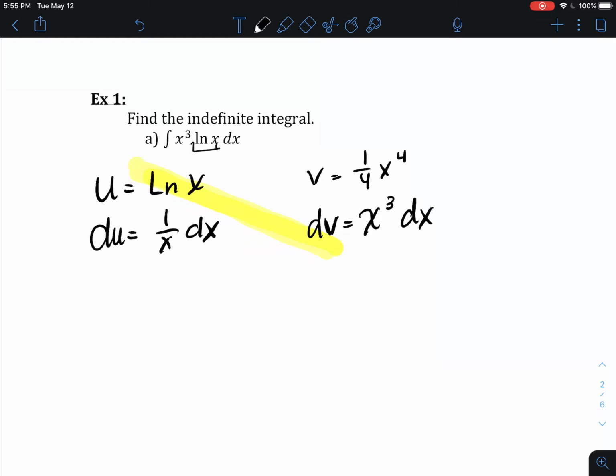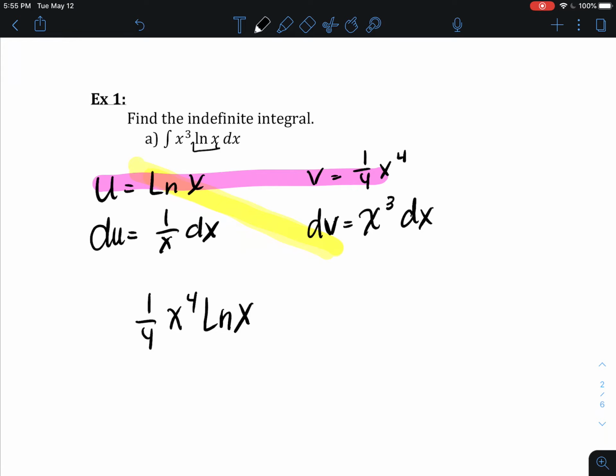The formula begins with u times v, so u times v will go this way first. So u times v would be 1/4 x to the 4th ln of x. I just like writing ln of x at the end.